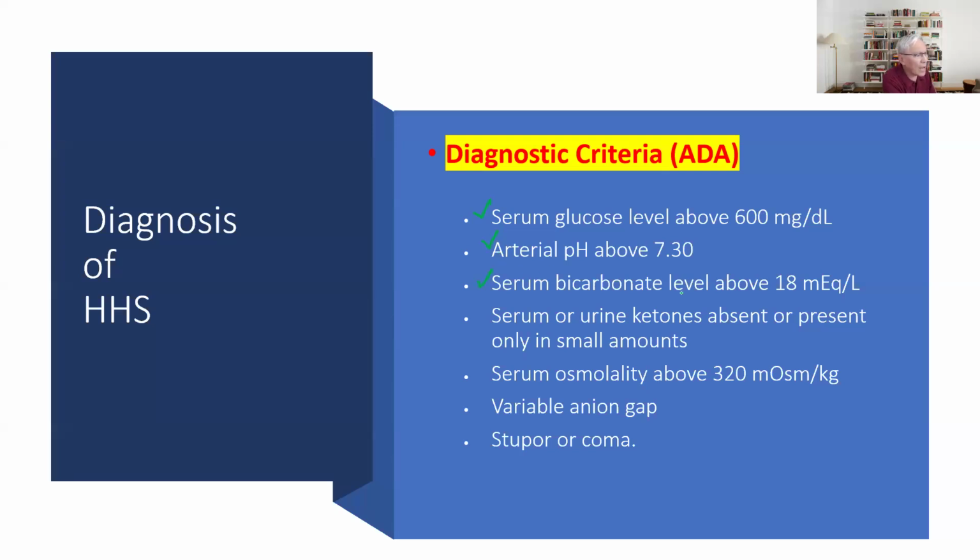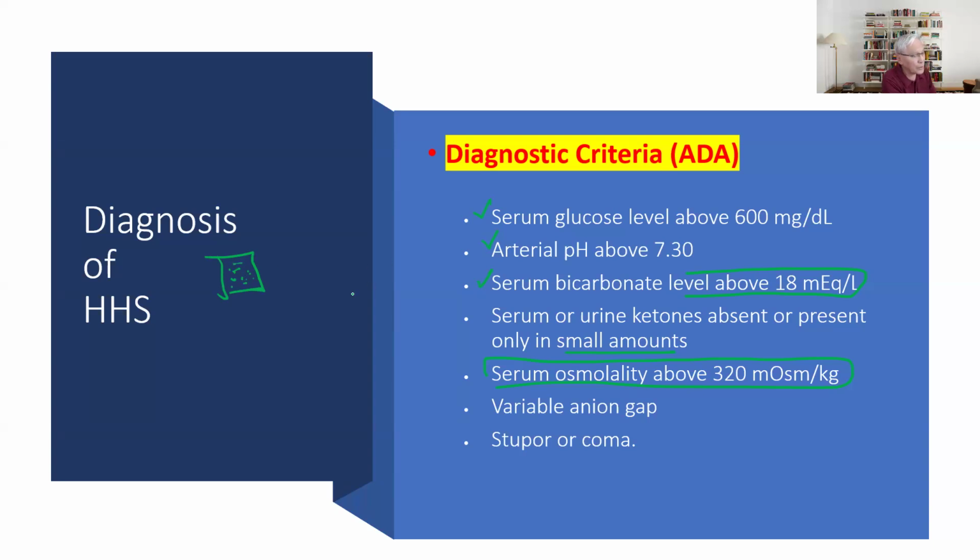And we're going to have acidosis as shown by a decrease in serum bicarbonate levels. The urine is not going to have ketones, or if present, only in small amounts. There's going to be hyperosmolarity. Hyperosmolarity means that if you measure a cubic centimeter of blood and count the number of particles, that's what's known as serum osmolarity.